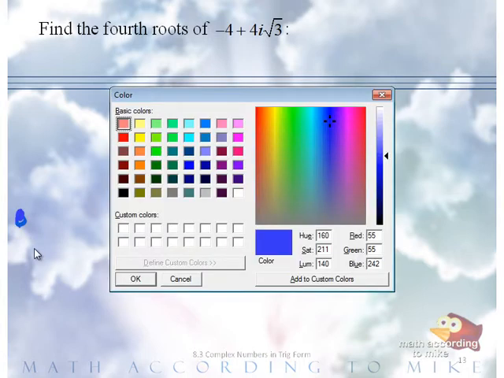B is 4 radical 3. What do you get for R? 8.